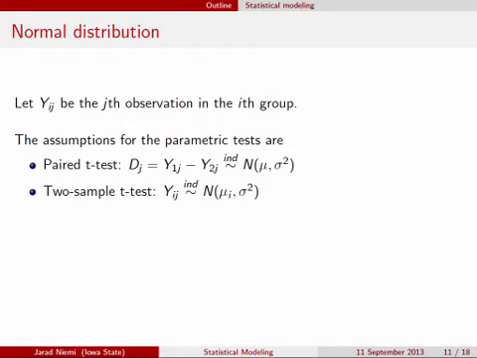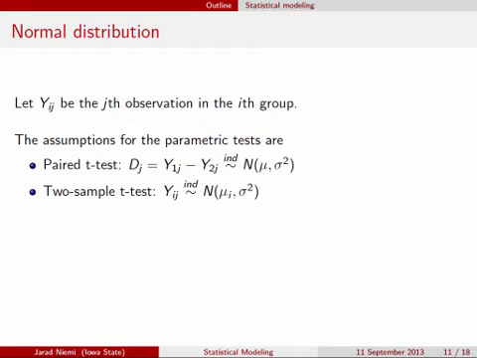Is that what you're getting at? Well, no, it's not what it tells you. This is what assumptions you're making about your data. Yeah, so we're going to talk about that. We're going to talk about what these assumptions mean. Yep, and more importantly, when you can look at your data and see that those assumptions aren't true. Yep, so that's what we're going to talk about on the next few slides.